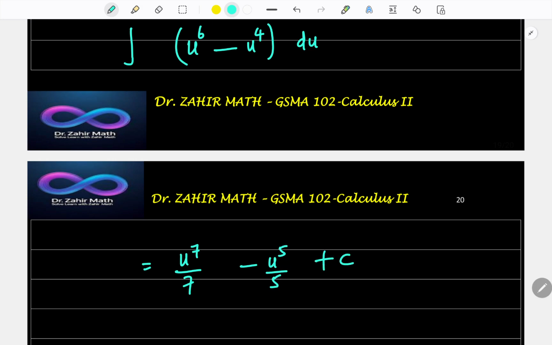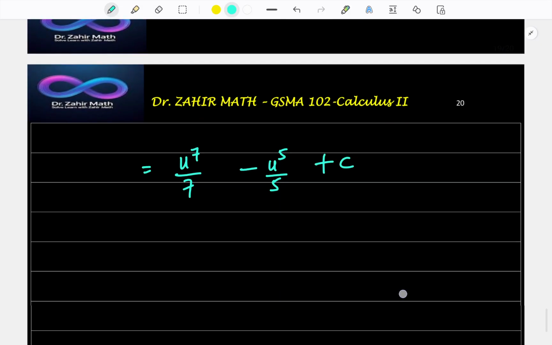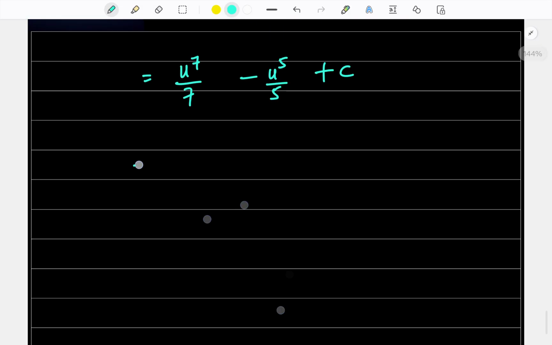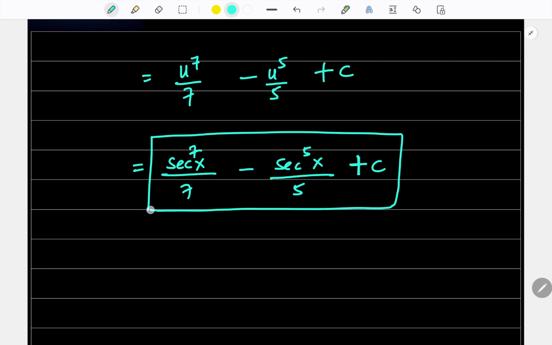And the integration constant is what? C. Okay, right. What you call as u? You call it as secant⁵, right? So this equals secant⁵ to the power of 7 divided by 7 minus secant power 5x divided by 5 plus integrating constant c. Clear? What a beautiful exercise.